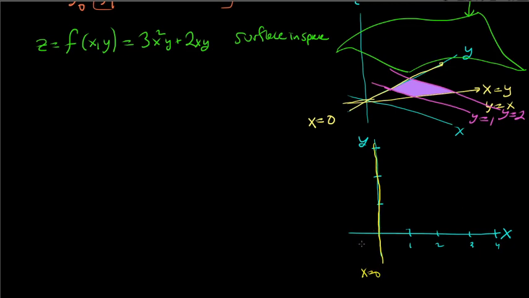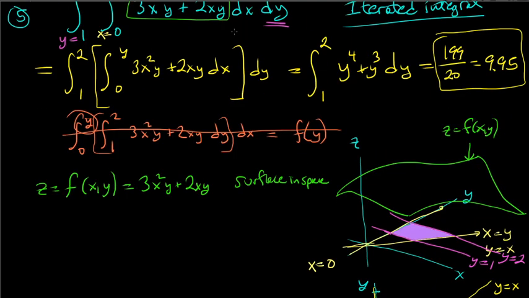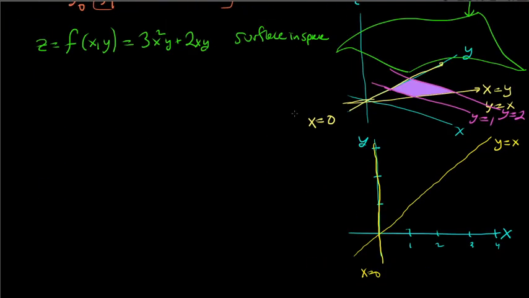And x equals y. I know that's not very straight. I'm still trying to get used to this. Okay, that's the best I can do. So x equals 0 and x equals y, or y equals x. And then we had the y's, y equals 1 to y equals 2. So here's y equals 1. I think I missed by a little bit. All right, so this is the line y equals 1, and this is the line y equals 2.